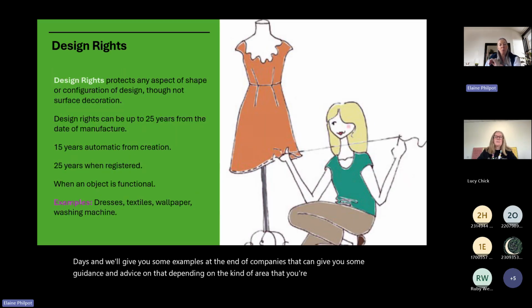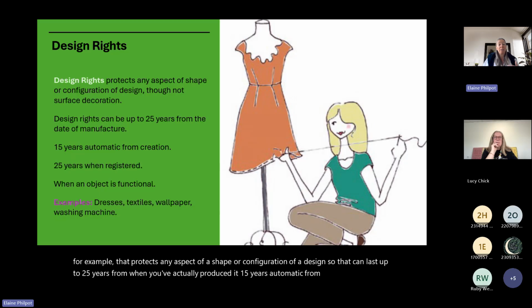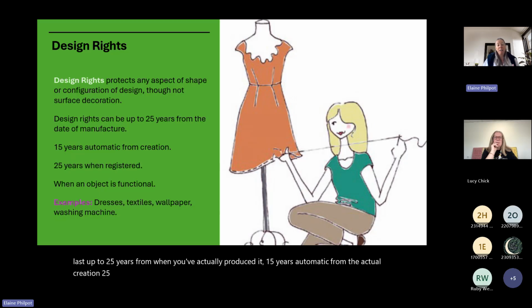Design rights, for example, protect any aspect of a shape or configuration of a design. That can last up to 25 years from when you've actually produced it. 15 years automatic from the actual creation, 25 years when you've registered it. So again, it really depends on whether that's something you feel you want to register. It's got a uniqueness to it.